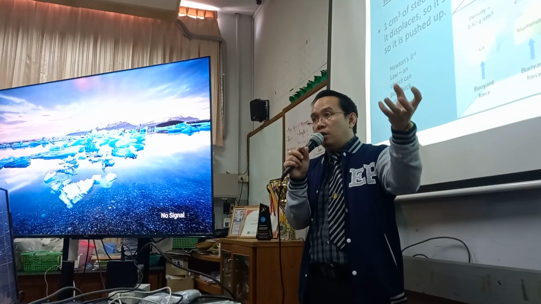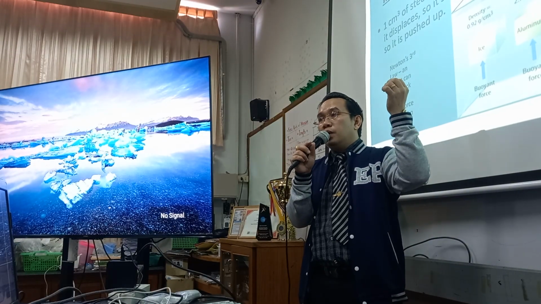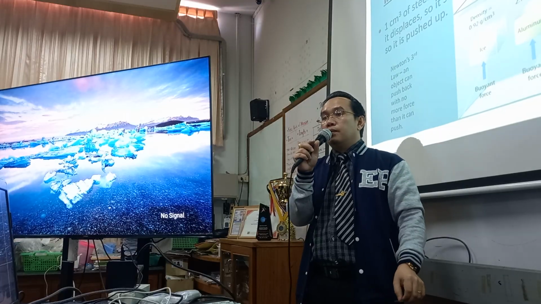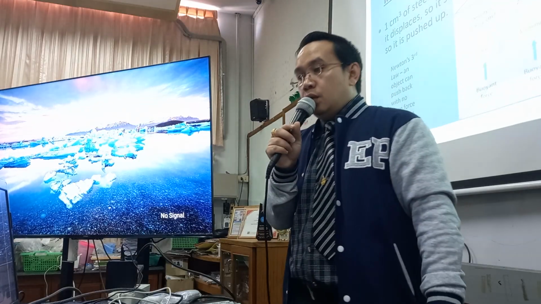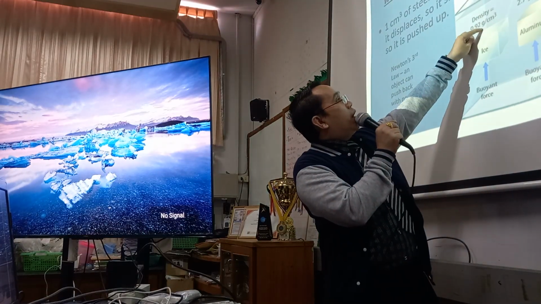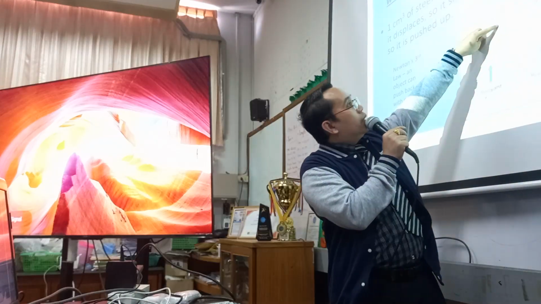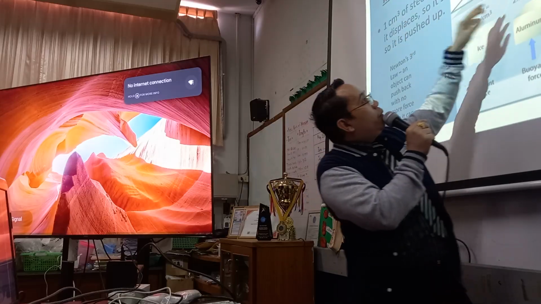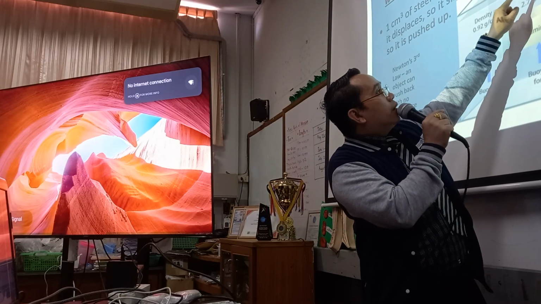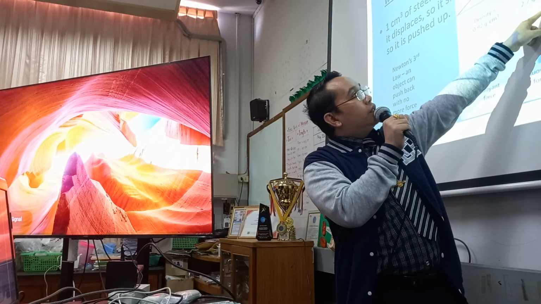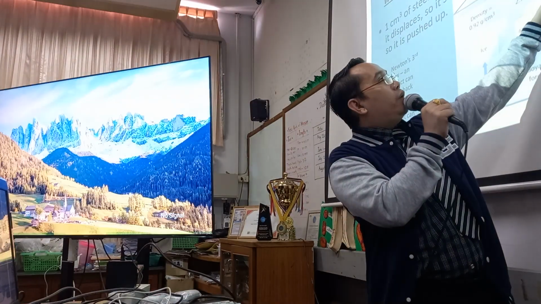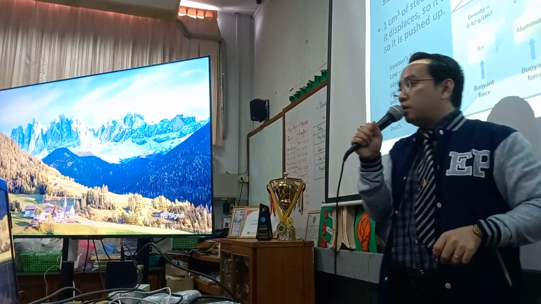That is why an object can float, an object will sink, or be partially or fully submerged. So say for example, the density of ice in here is 0.92 gram per cubic centimeter. Then, aluminum with 2.7 grams per cubic centimeter. And then, the density of steel, 7.8 grams per cubic centimeter.